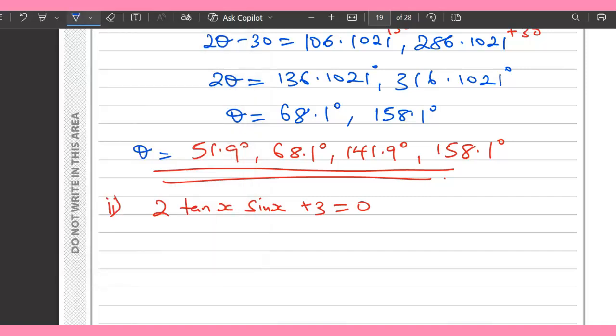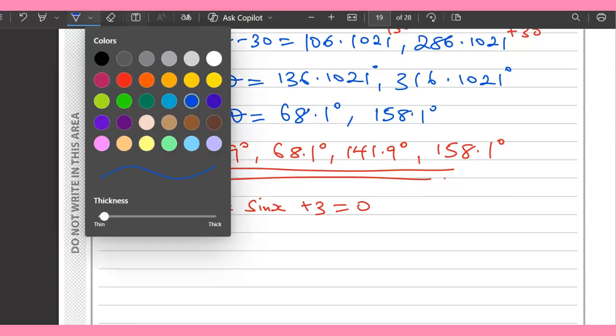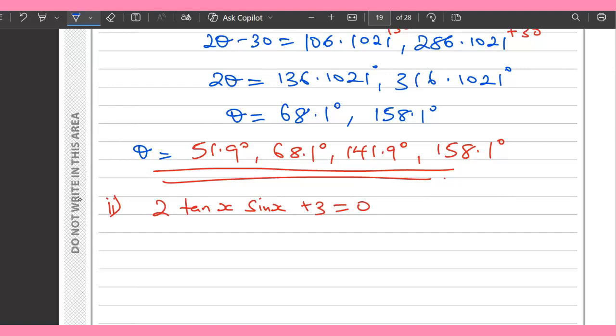Now simplifying this, I want us to just recall some few things. We know that tan x is equal to the ratio of sine x over cos x.